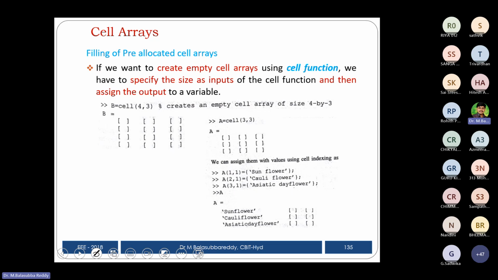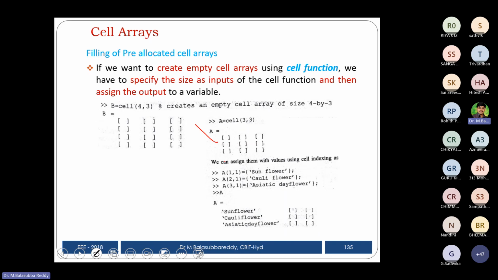Now some more examples you can see. I created a cell of 3 by 3. This is our 3 by 3 cell. Now instead of entering one by one, it is also possible to enter like this, directly feeding the information.